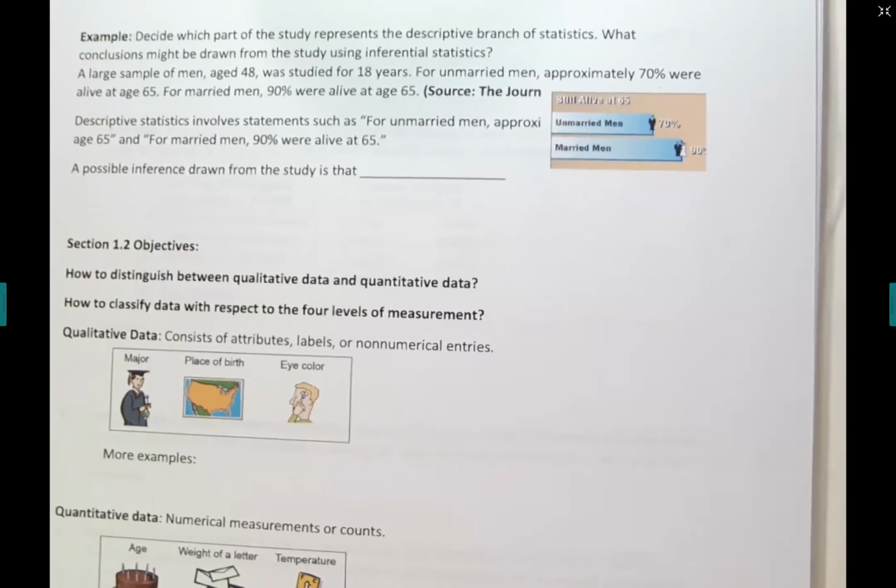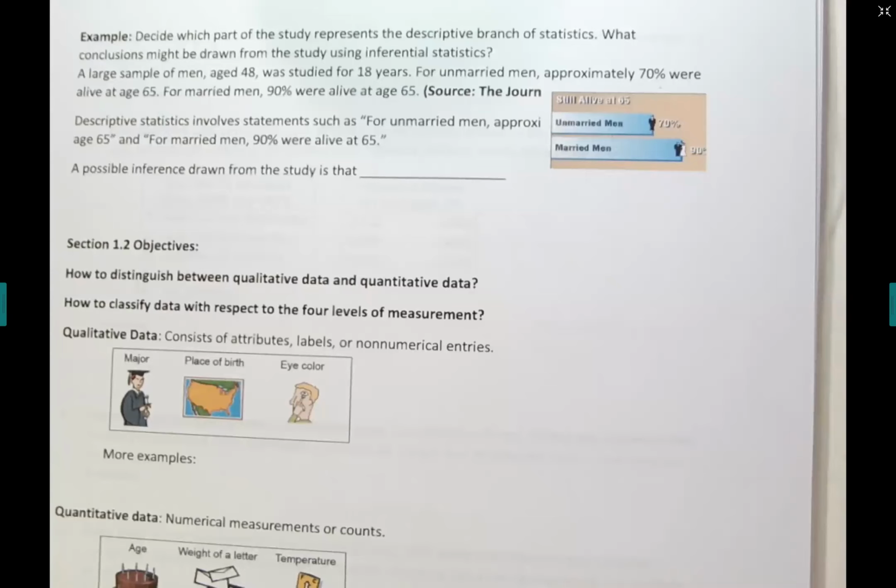Decide which part of the study represents a descriptive statistics and what conclusion might be drawn from the study itself. A large sample of men aged 48 was studied for 18 years. So they follow them for 18 years. For unmarried men, approximately 70% of those men were still alive at age 65. For married men, 90% were alive at age 65.